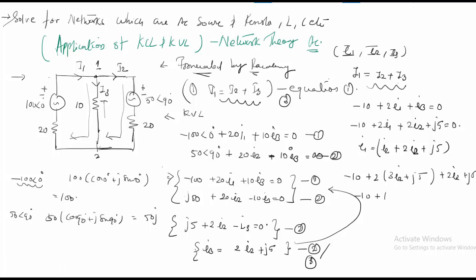So minus 10 plus 6I2 plus 10j plus 2I2 plus j5 is equal to 0. So it is minus 10 plus 8I2 plus 15j is equal to 0.